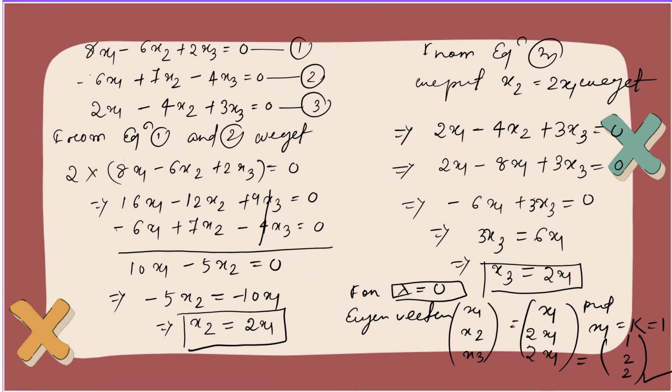Eigenvalue lambda equal to 3. Find the eigenvector for lambda equal to 3.